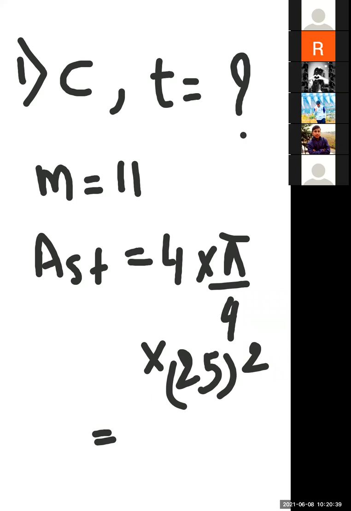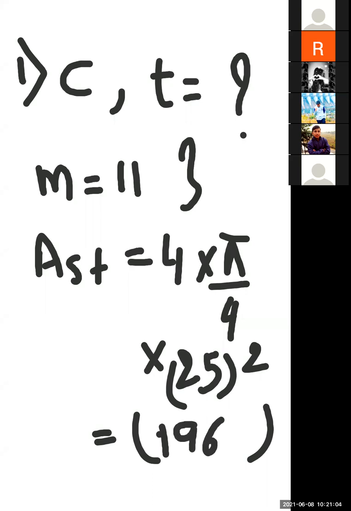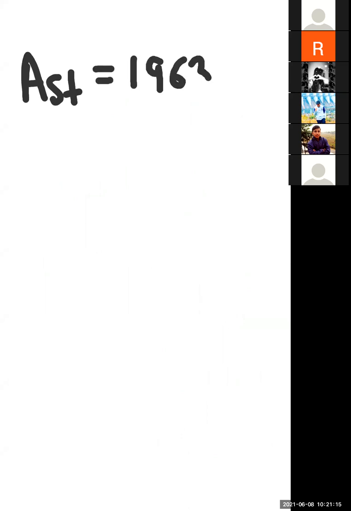In this case, we have to find out C, stress in concrete, and T, stress in steel. When modular ratio is 11 and AST is 1963.49 mm square, right?